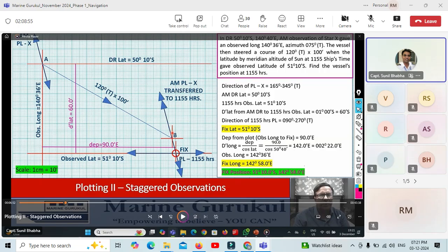Sir, in the formula, D long equals departure upon cos MLAT, the lat is MLAT, sir. Yeah, that is MLAT, beta. It is the mean of 51 10 and 50 10. Okay, great.